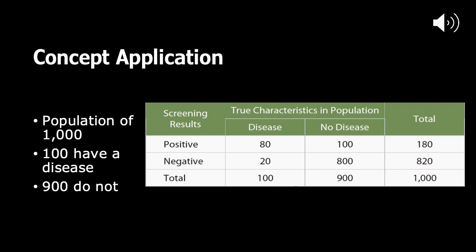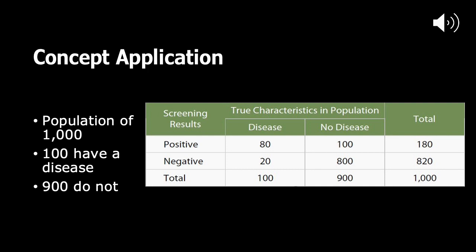So this is an example of true positives and true negatives. If you look at this table here, you have screening results, you have the true characteristics of the population, of those who have the disease and those who don't, and then you have the totals on the right-hand side. So if you have a population of 1,000 and 100 have the disease, which you see in the total at the bottom of the disease column, and 900 do not, which you see in the no disease column at the bottom.